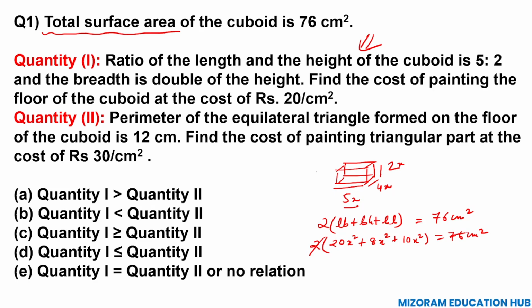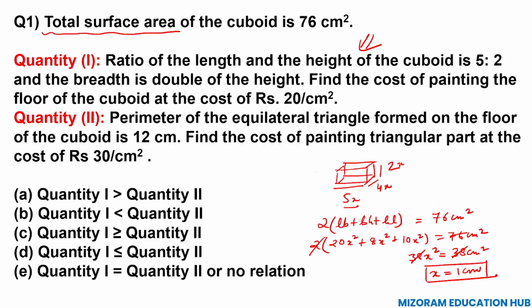Now 76 can be halved to 38 centimeters square, and adding 20 plus 8 plus 10 gives 38. So 38x square is equal to 38 centimeters square. Now 38 and 38 cancel and x square is equal to 1 centimeter square. So x is 1 centimeter.